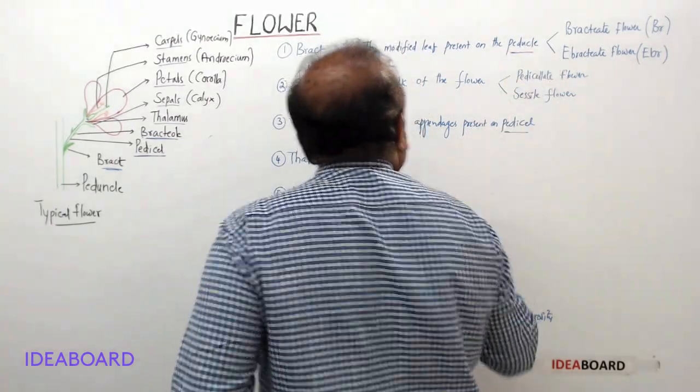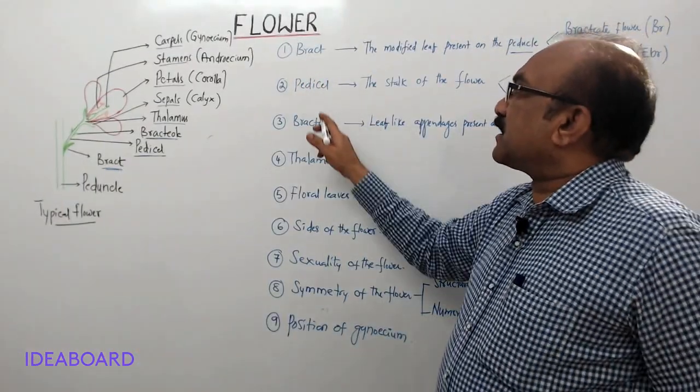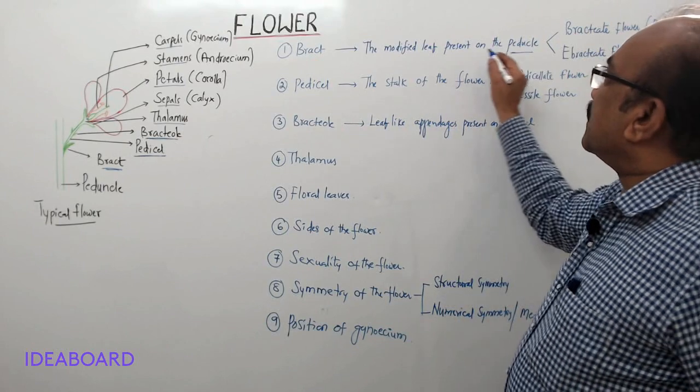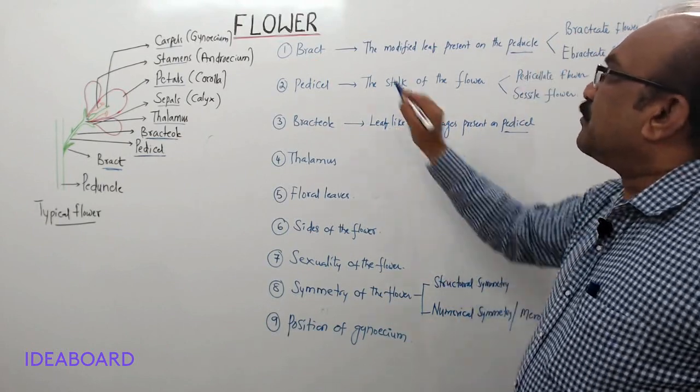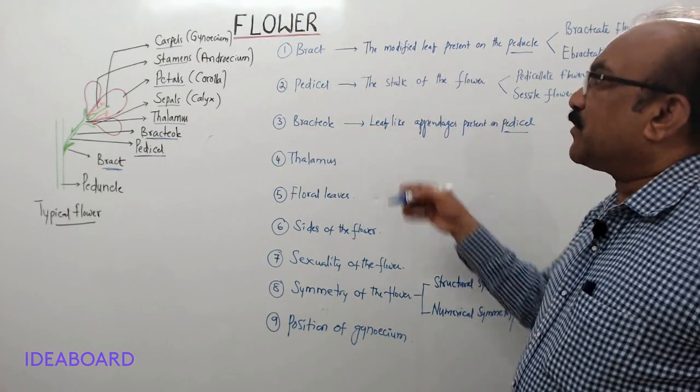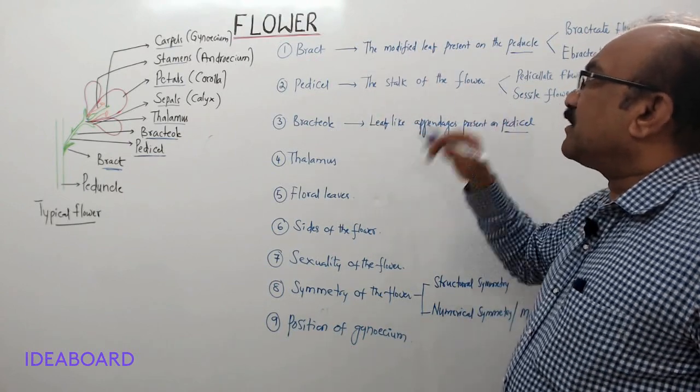You have to be very careful. Don't get confused with bract and the bracteole. Bract is present on peduncle. Bracteole is present on the pedicel. Bract is a modified leaf, but bracteole is a leaf-like appendage.